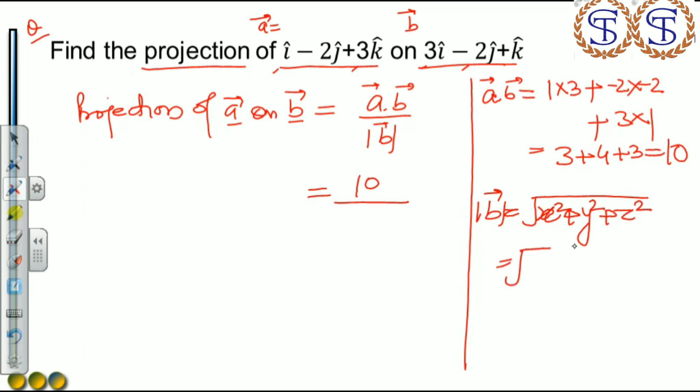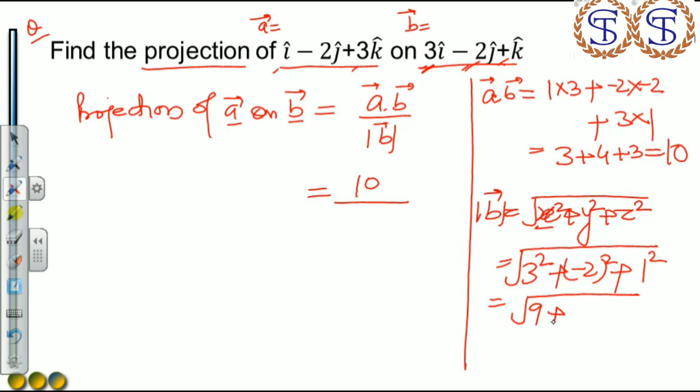Here the B vector has x as 3, so 3 square plus minus 2 square plus 1 square, and on simplifying this it is 9, 4, 1, and 9 plus 4 plus 1 is 14. This is under root 14. Now what is this? This is the projection of A on B.